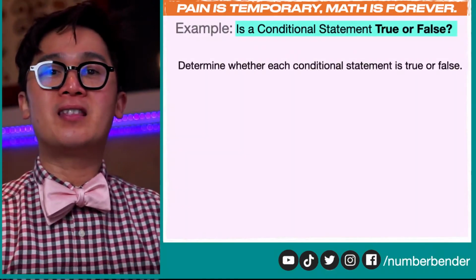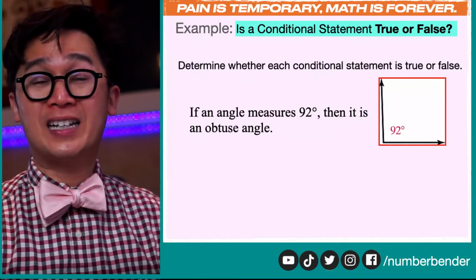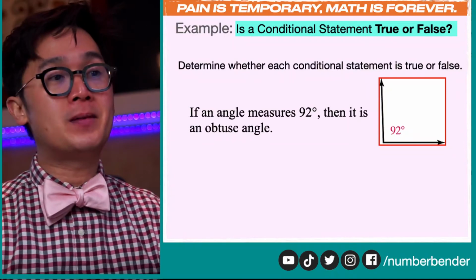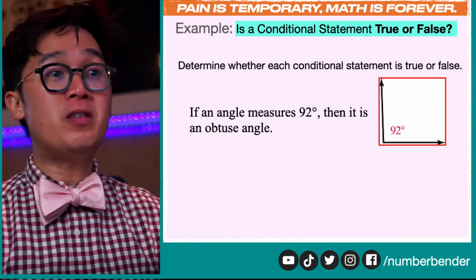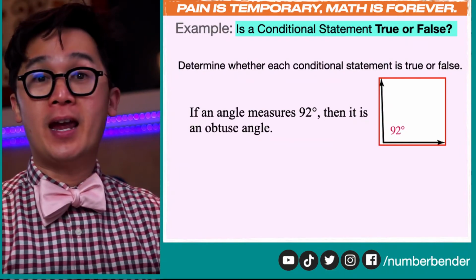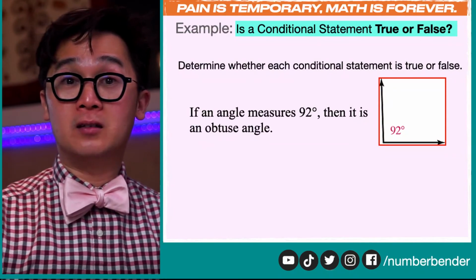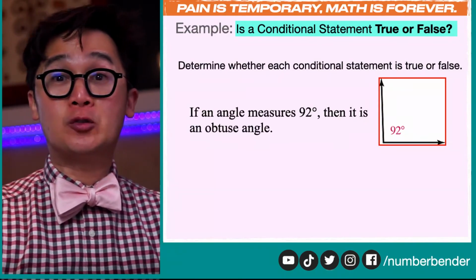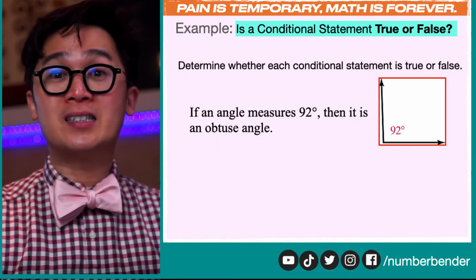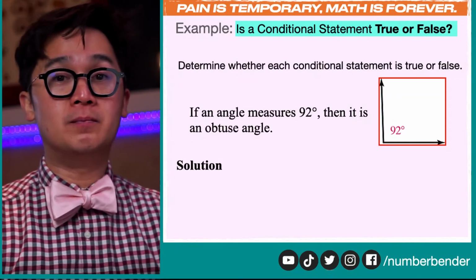So let's try the first example here. We need to determine if this is a true statement or a false statement. According to the statement, if an angle measures 92 degrees, then it is an obtuse angle. And since we know the language of mathematics, we know what an obtuse angle means, and this diagram is showing us a type of angle that is actually an obtuse angle.